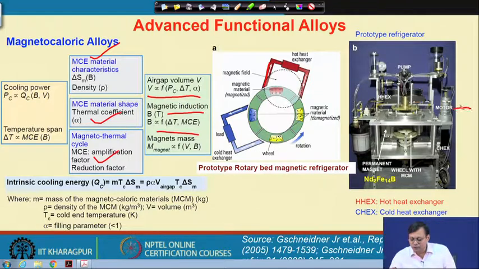So, let us say we have a motor and we need a pump, and permanent magnets are kept here, and we need a neodymium iron boron permanent magnet. We have discussed this hard magnet in detail. So, we have a hot heat exchanger and a cold heat exchanger to get this refrigeration effect.